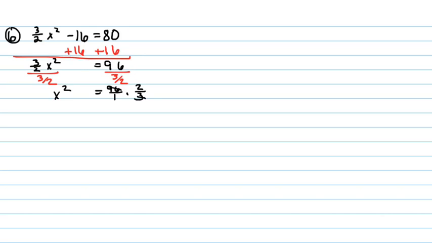Those will reduce, giving me 32. 32 times 2 is 64. It's equal to x squared. I'm going to take the square root of both sides. Square root of 64 is 8. So a positive and negative 8. And so my solution is negative 8, comma, positive 8.